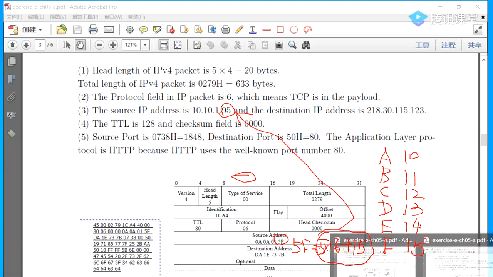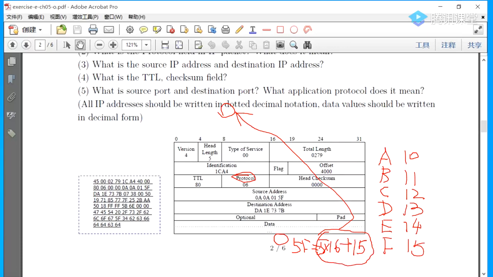Okay, now question 4. What is the TTL and checksum field? What is the TTL and checksum field?